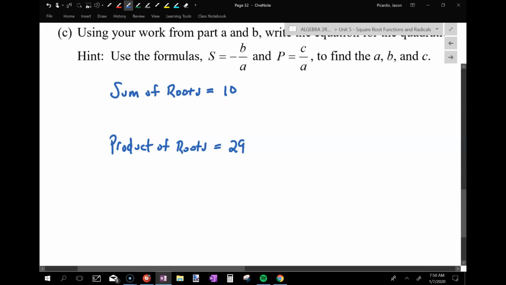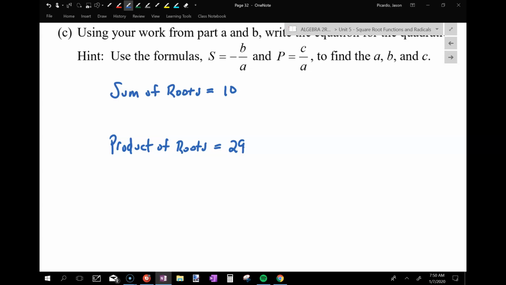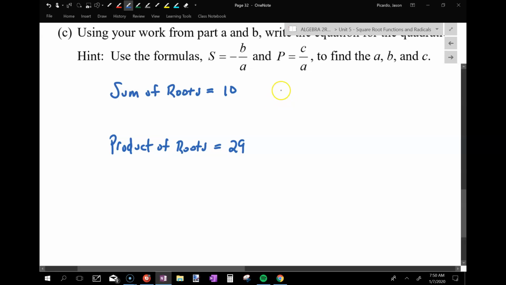Well, guys, didn't I give you a formula a minute ago to find the sum of the roots? What was that formula? Negative b over a. And didn't I give you a formula to find the product of the roots? And what was that formula? C over a.